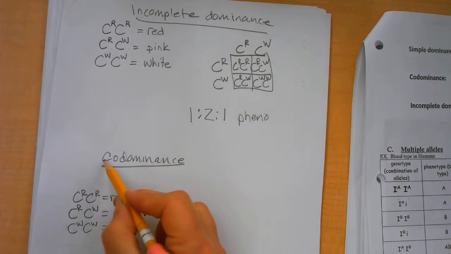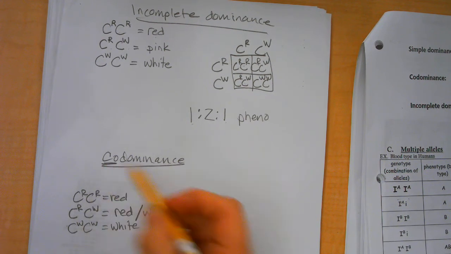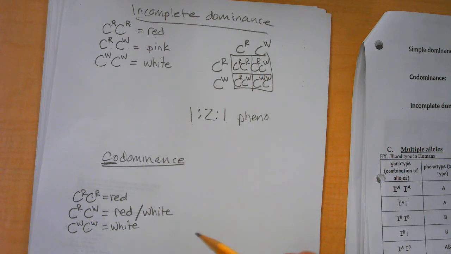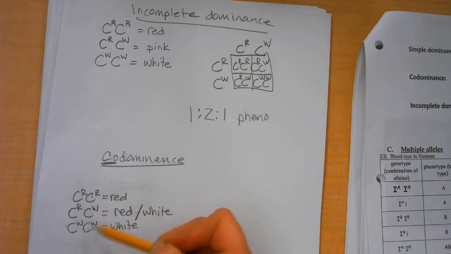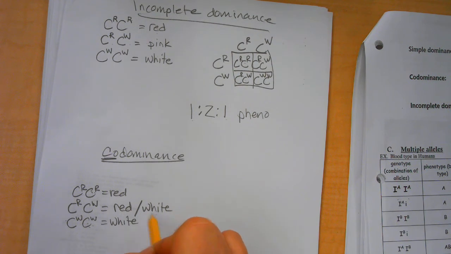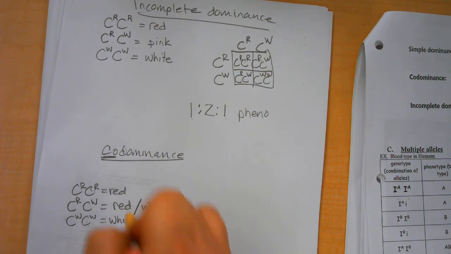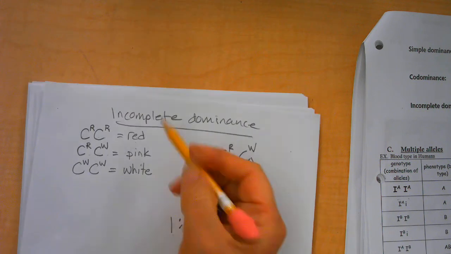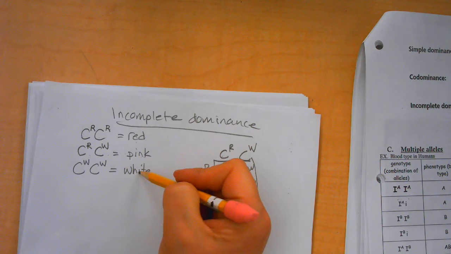So in codominance, both of these are together, like the copilot and the pilot are together. In codominance, both of the homozygotes are there in the heterozygote. This white is just as white as that white. That red is just as red as that red. Whereas in incomplete dominance, pink, there's no pink in here and there's no pink in there.